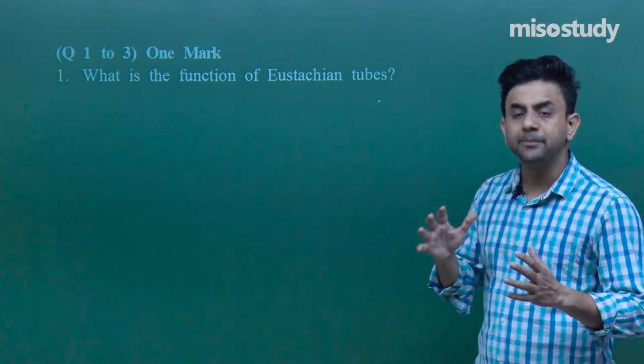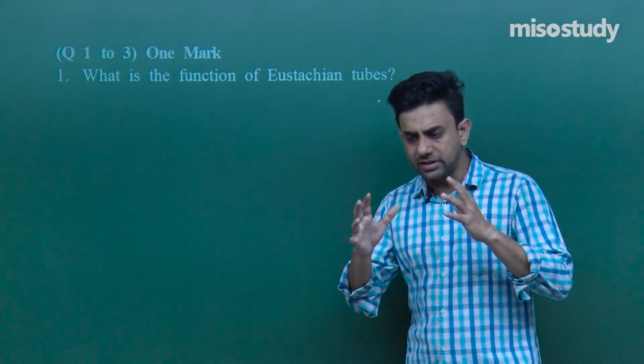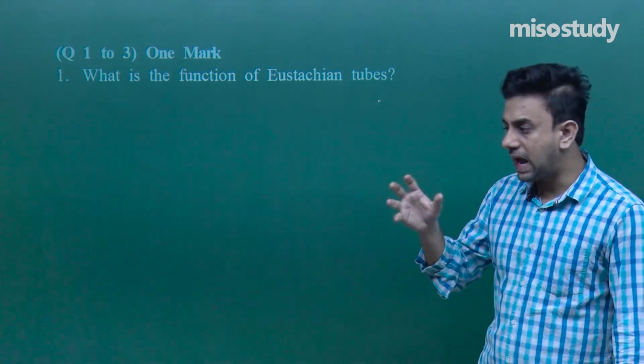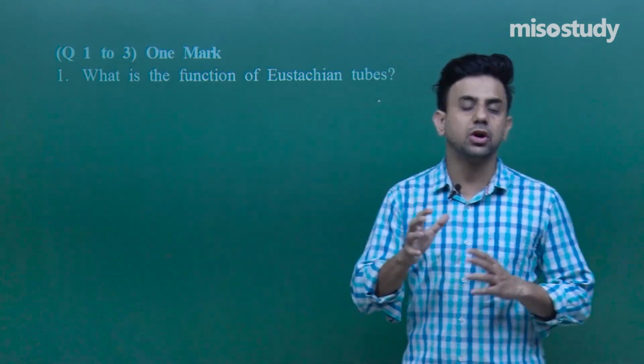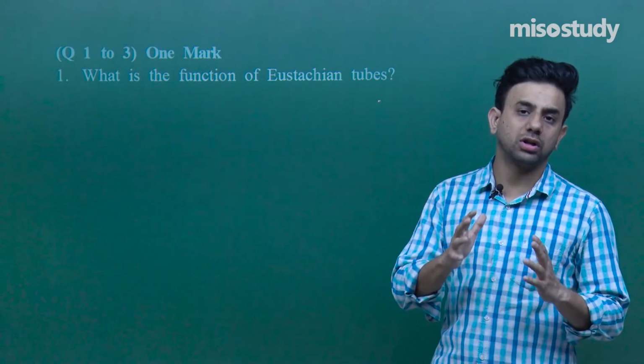The eustachian tube makes sure that the air pressure on both sides of the middle ear is well balanced, or the same.